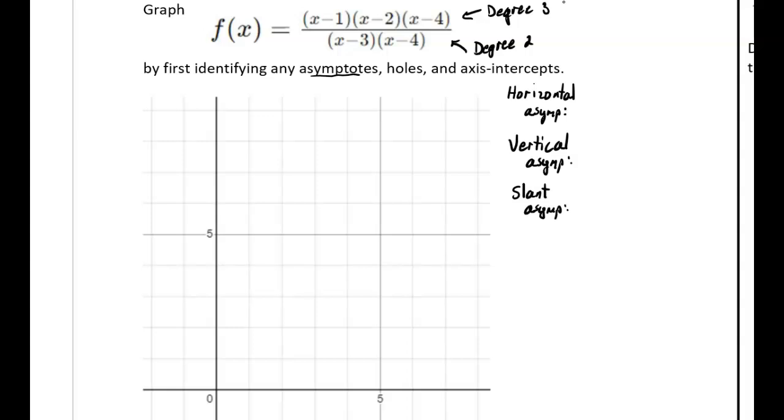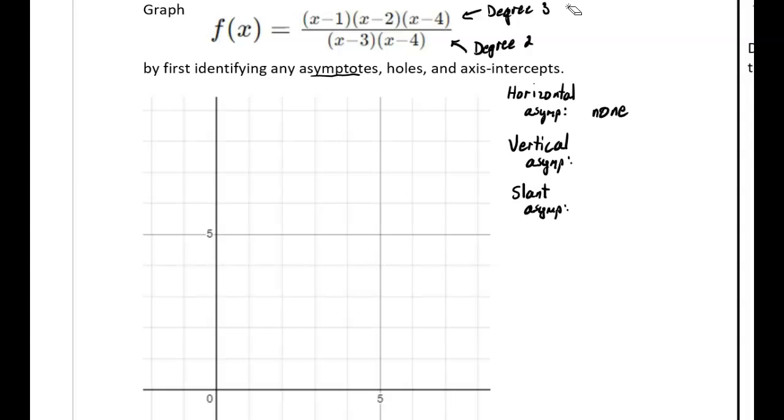To decide if there's a horizontal asymptote, we compare the degree of the numerator to the degree of the denominator. Because the degree of the numerator, 3, is greater than the degree of the denominator, 2, there is no horizontal asymptote.